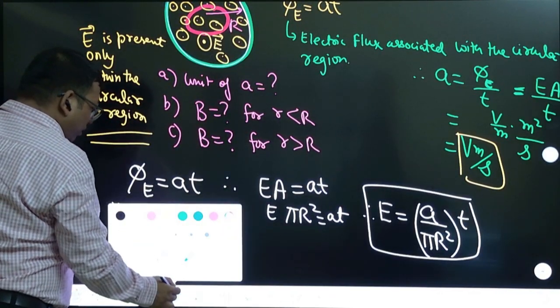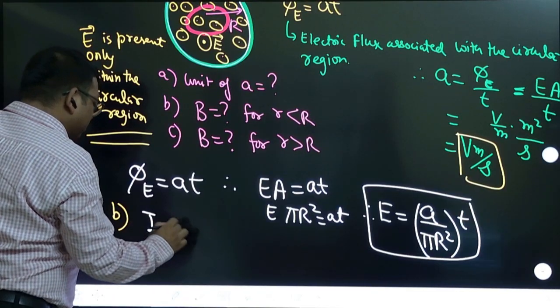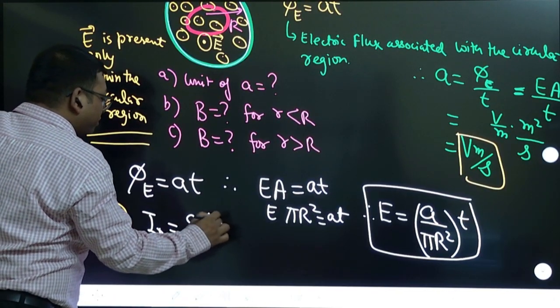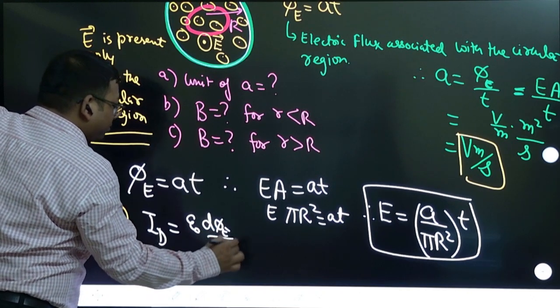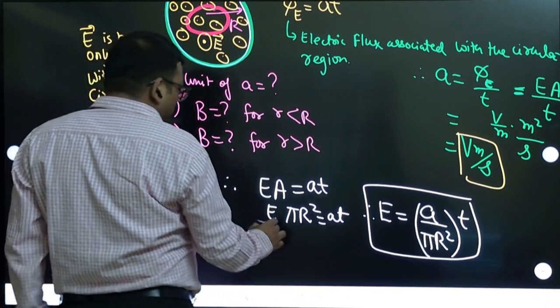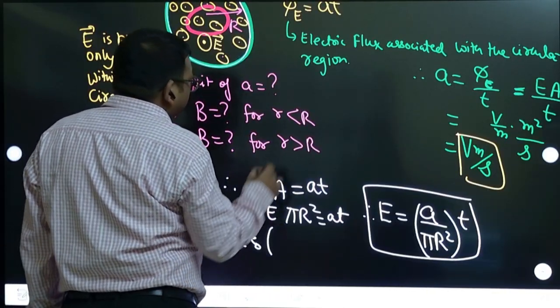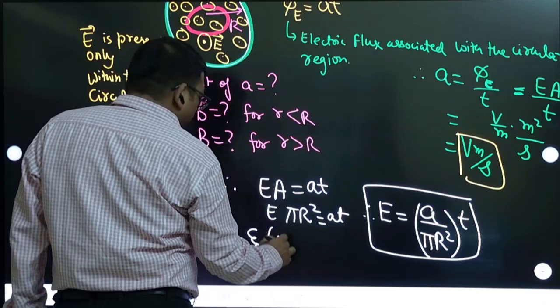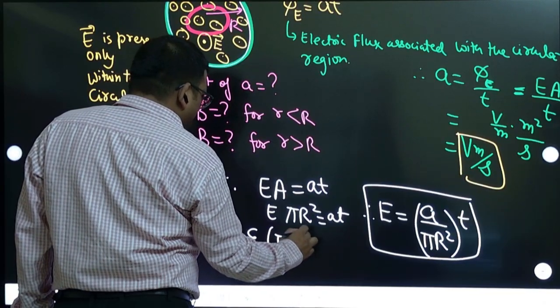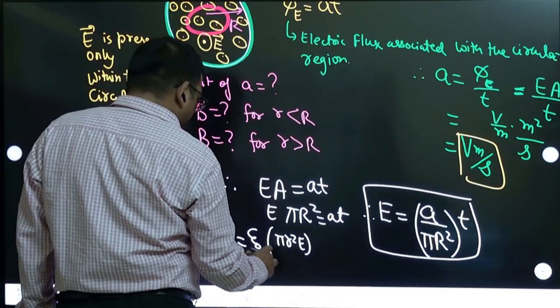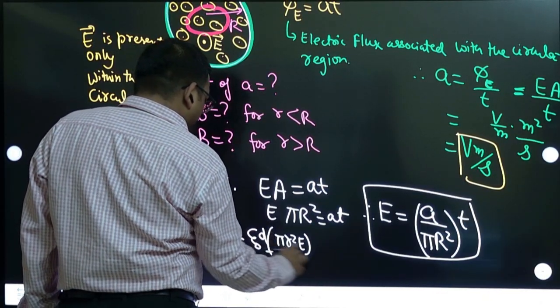So when you calculate displacement current for that case, you have to write epsilon naught d phi E by dt, and that small area you have to take, that area small r. So pi r square into electric field, that is what it is, differentiation of this by dt.